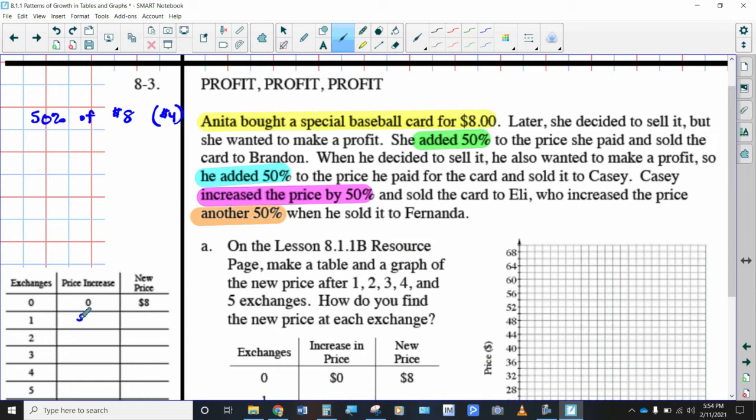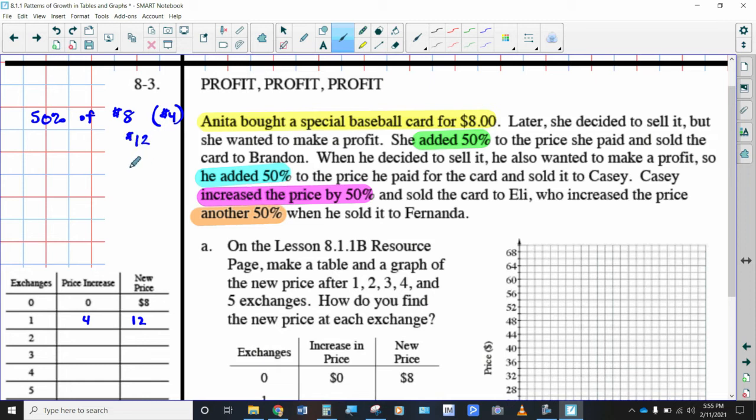So the increase here is going to be $4, which means you're going to sell it. I'm going to go ahead and not write dollar signs in here if you're okay with that. Yes, let's be okay with that. So that means it's going to sell for $12, right? Because you add the increase to the original amount to get the new amount, which is $12.